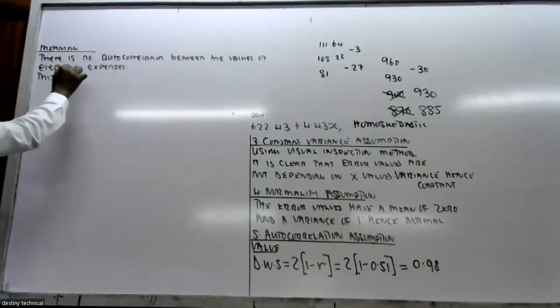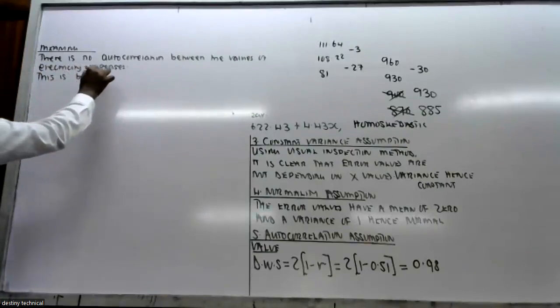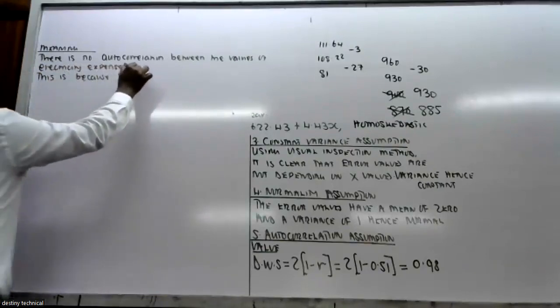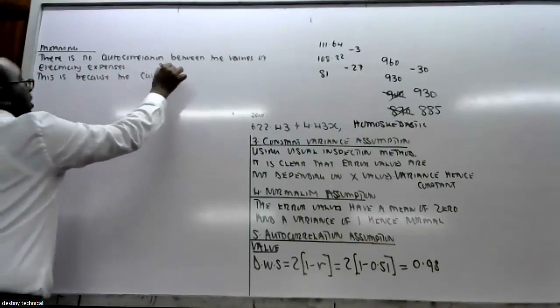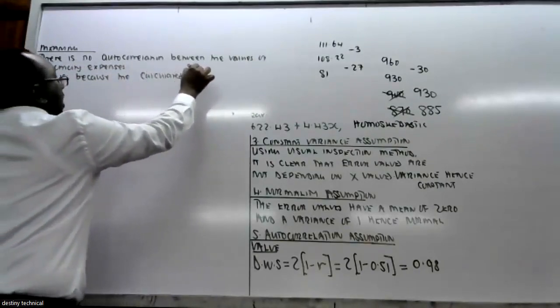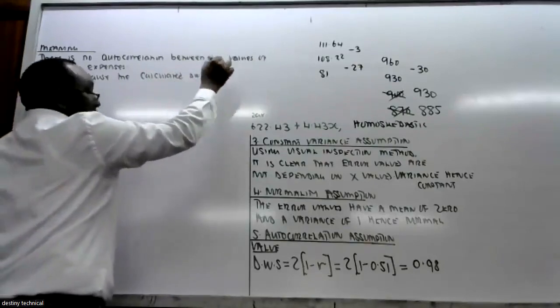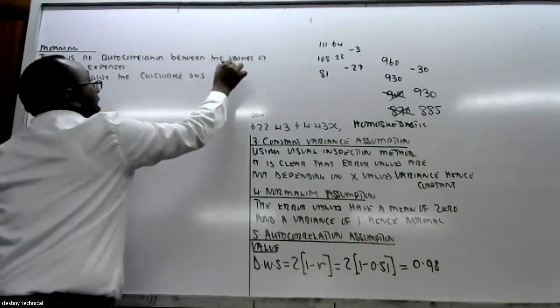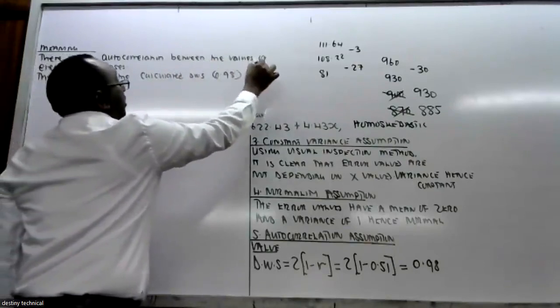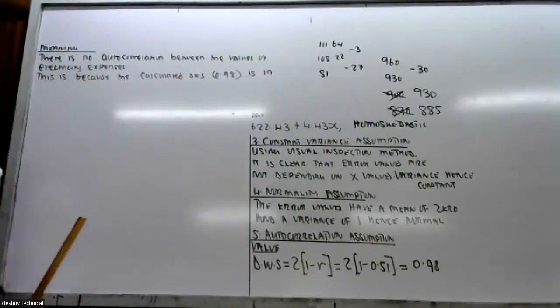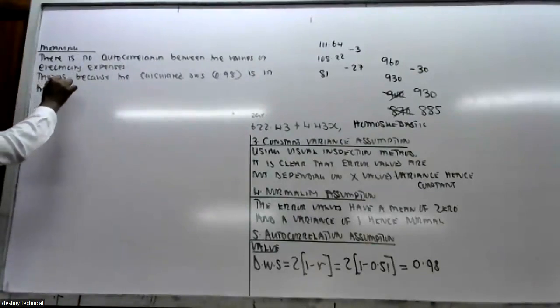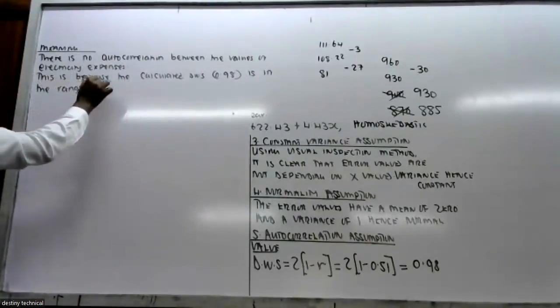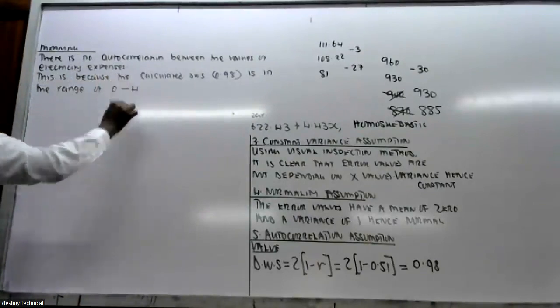This is because the calculated DWS, 0.98, is in the range of 0 to 4.